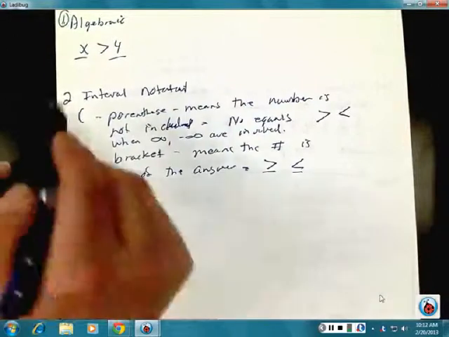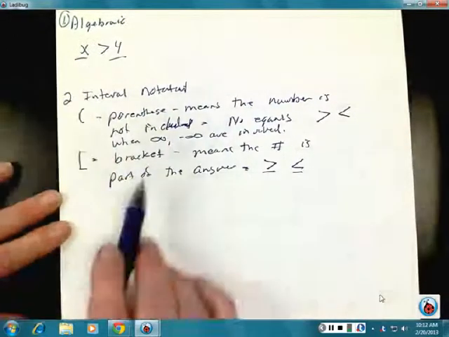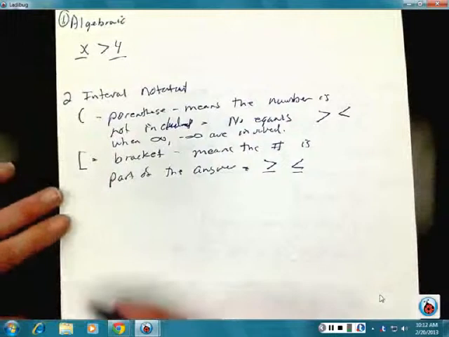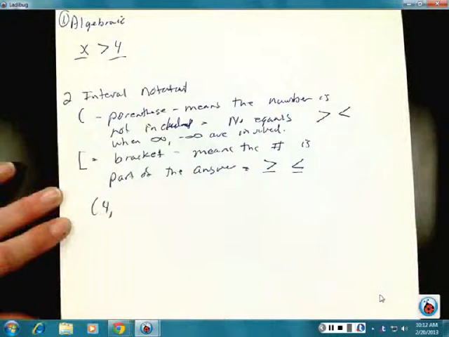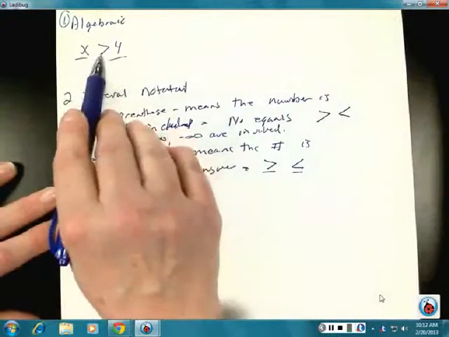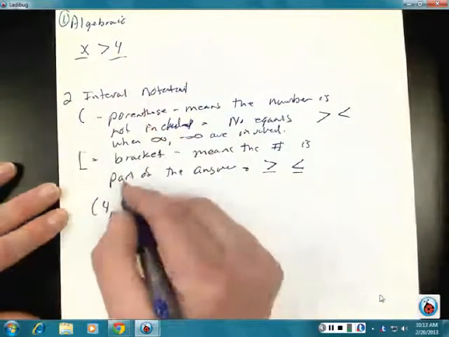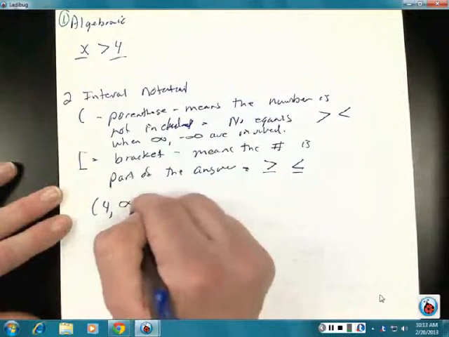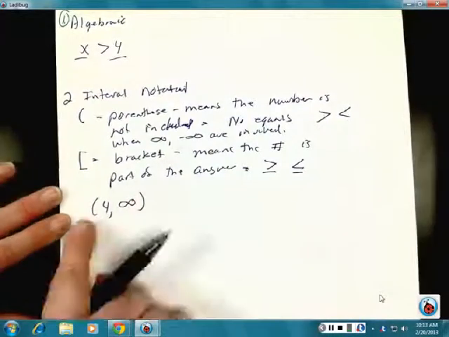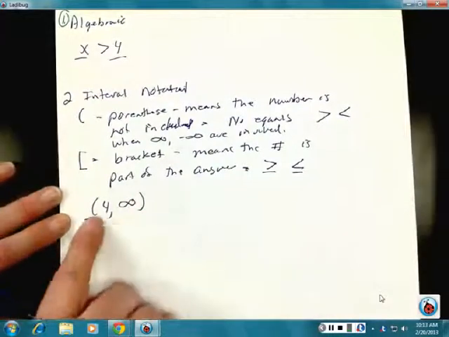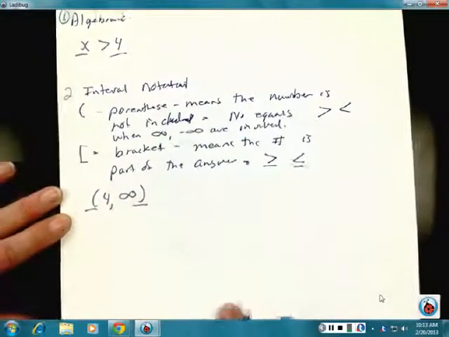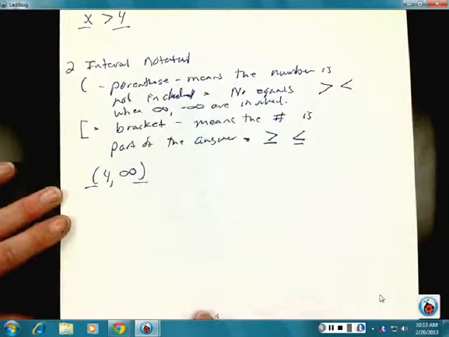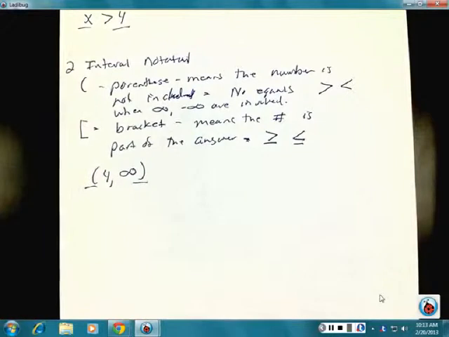So if I wanted to take what I had up here and put it in interval notation, I cannot include 4, but because it's greater than, it means I can include anything that is larger than 4, so it would go continually on to infinity. A parenthesis, because I cannot include 4, and a parenthesis because infinity never ends. Does that make sense? It will once we get doing some problems with it, so it ties in with what you have.